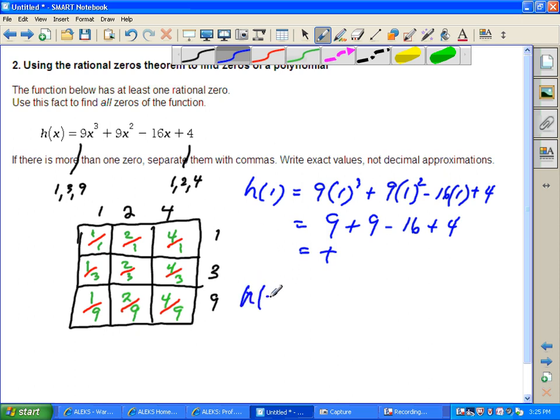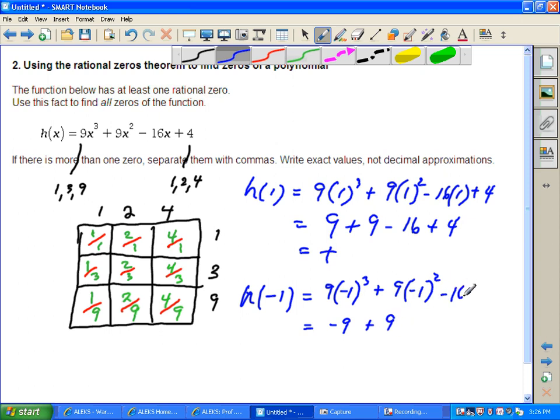If I do negative 1, I can plug in a negative 1 everywhere, but the only thing plugging in a negative 1 will do is change this to a negative. That'll still be positive, and that'll be, it was negative, it'll become positive, right? Because when I go 9 times negative 1 cubed, don't I get negative 9? And when I do 9 times negative 1 squared, that becomes a positive, so that 9 doesn't change.